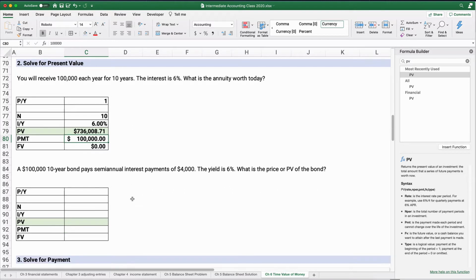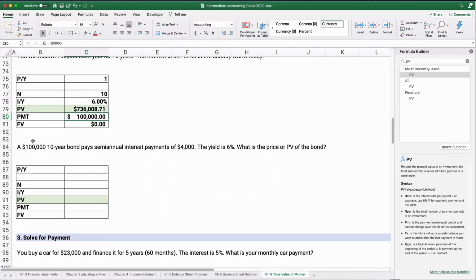All right, the next problem, we have a $100,000 10-year bond that pays semi-annual interest payments of $4,000. The yield is 6%. What is the price or present value of the bond? Now, this is semi-annual. The number of periods is 10 times 2, so 20 half years.